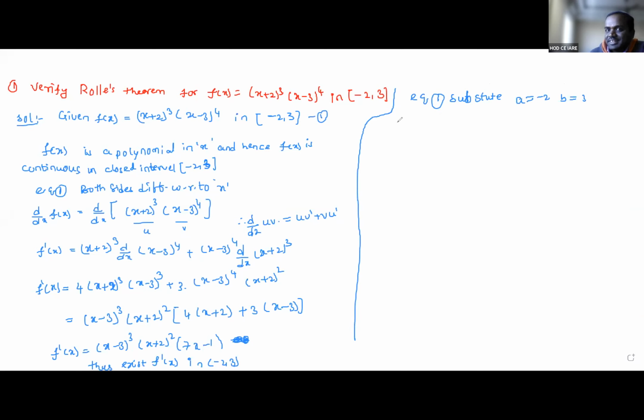So we can write f of -2 is equal to -2 plus 2 whole cube into -2 minus 3 whole to the power of 4. f of 3 is equal to 3 plus 2 whole cube into 3 minus 3 all to the power of 4. What do you get as the answers?